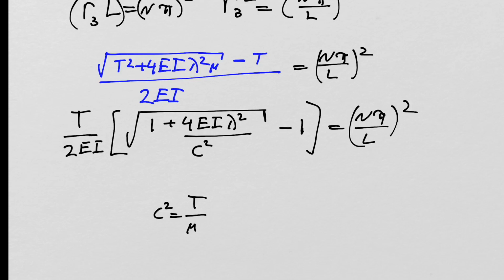Oh, no, it wouldn't. It would just leave a T behind in the denominator, right? So it's nicer to have c. c is just the speed of sound for the wire. These two numbers almost always come together. Well, they don't, obviously. There's a T sitting out there by itself. But in the final expression, we like to have that c squared in there instead of the mu.